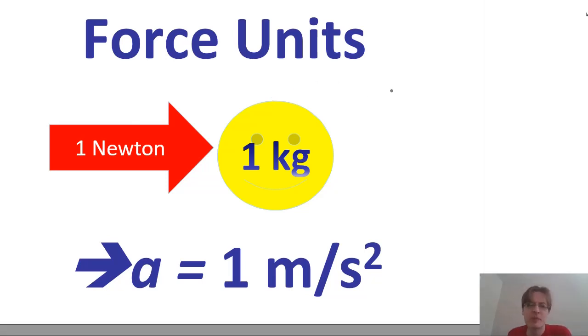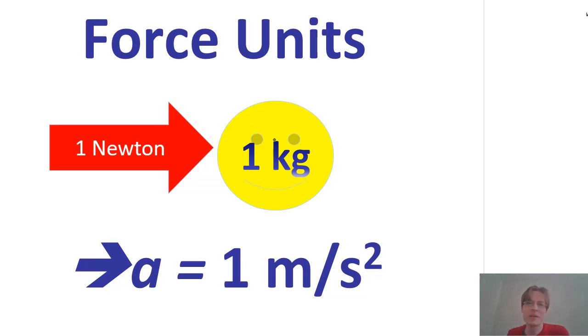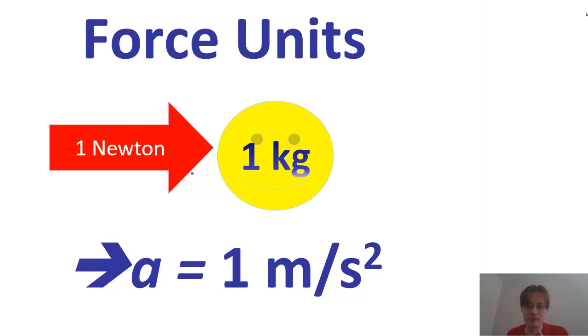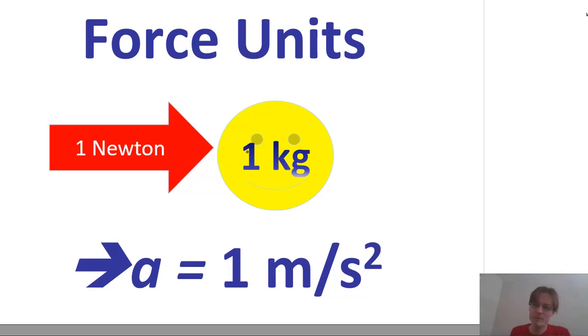Here's the answer. If you take a 1 kilogram mass, I hope you remember what a kilo is. 1 gram is the mass of a cubic centimeter of water. Take 1,000 of those and you've got 1 kilogram. So it's like a little one of those mini watermelons or something. 1 kilogram, and you put it on ice and you push it so that its acceleration is 1 meter per second squared.